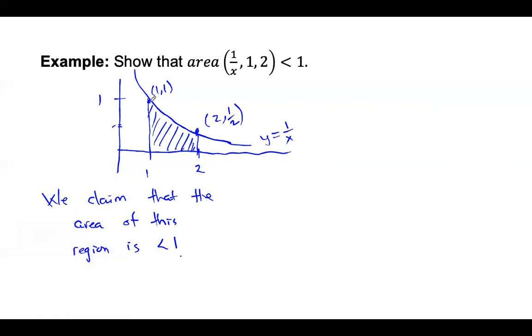So we could draw a box, sort of, and we would see that this part here is 1, and this part here is 1.